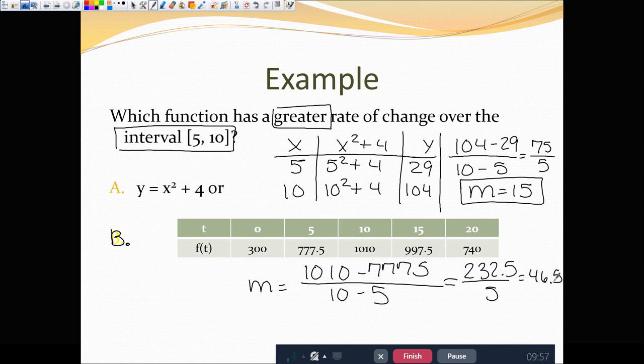Okay, now that we found our two m's, which one has a greater rate of change, A or B? B. B is 46.5. A is 15. Which one's greater? 46.5, obviously. And so B would be my answer.